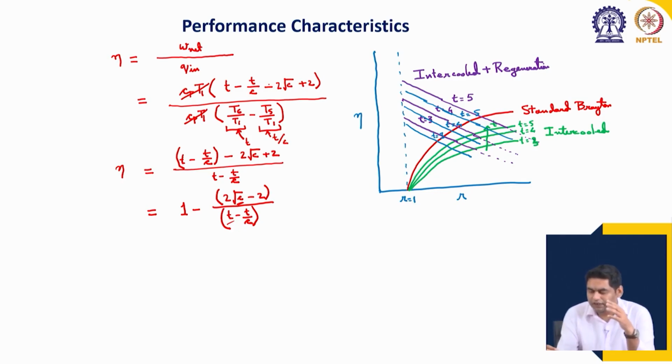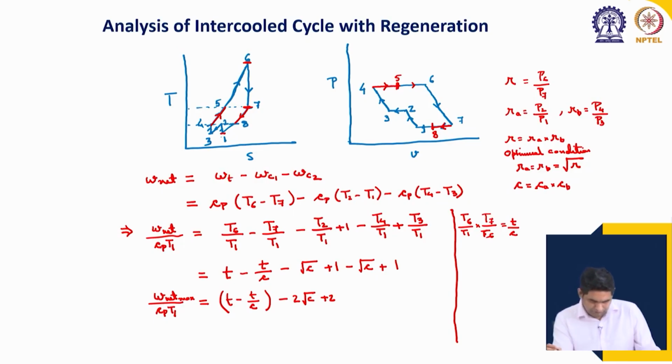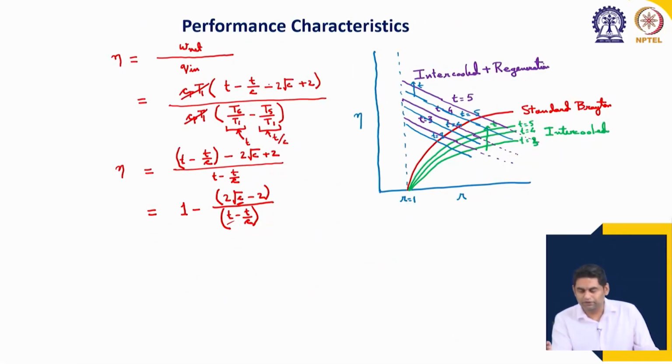As for all regeneration cycles, efficiencies are high at lower values of R and at higher temperatures. With temperature ratio the efficiency increases, which is understandable, because if the maximum temperature increases, you get a larger range for regeneration and more work output from the turbine.